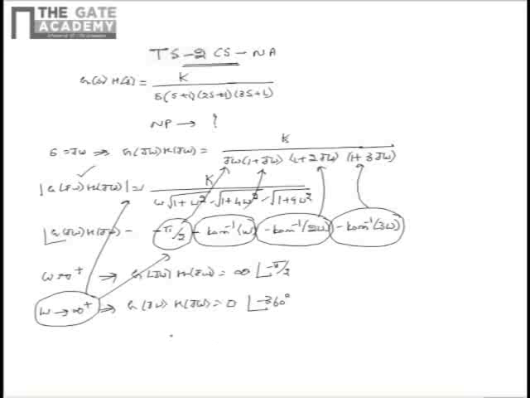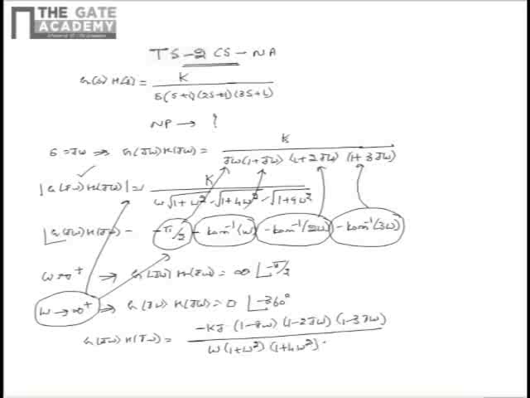Also, please note that from the given G(j omega)H(j omega), we can say that G(j omega)H(j omega) is equal to minus kj multiplied by (1 minus j omega). This is by rationalizing G(j omega)H(j omega), multiplied by (1 minus 2j omega) multiplied by (1 minus 3j omega) divided by omega into (1 plus omega square)(1 plus 4 omega square) multiplied by (1 plus 9 omega square).